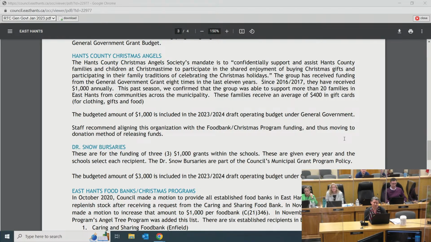Their program is quite similar to some of the Christmas programs that we have in the food bank program, where we issue those general government grants based on donation instead of a true grant. And I'm recommending that this Hants County Christmas Angels be slid into the same budget line as food bank and Christmas program funding, which I'll outline below. And then they would get their money in the Christmas season the same as the other groups.